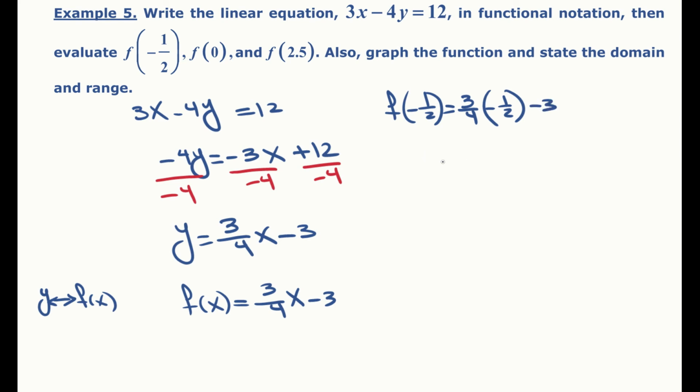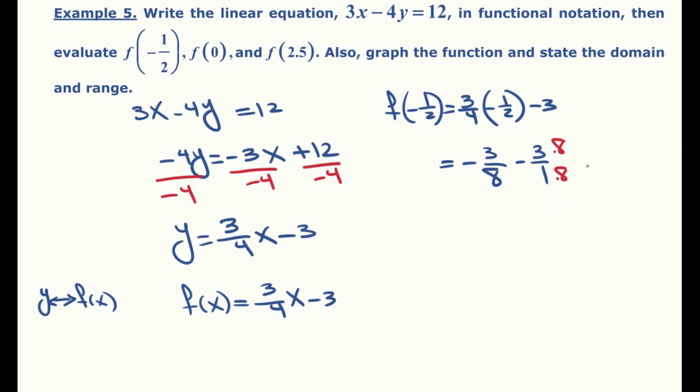So we end up with negative 3/8 minus 3 over 1. We need an LCD to combine those, which is of course 8. So this one is already good to go. This one we need to multiply top and bottom by 8.